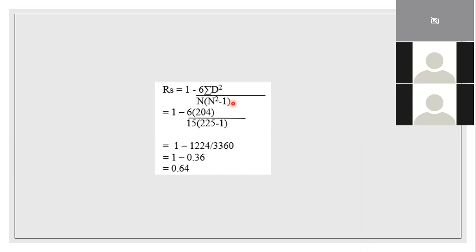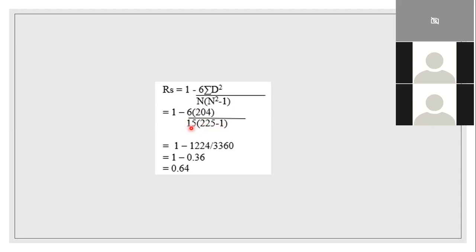So it's not a lot of calculation you have to do for this particular statistic. The 1 is on the outside, so that's by itself. So you're going to times 6. We found the sum of these squared to be 204. So it will be 6 times 204 divided by, we said that our n is 15, so it's going to be 15 times the square of 15, which gives us 225, minus 1.